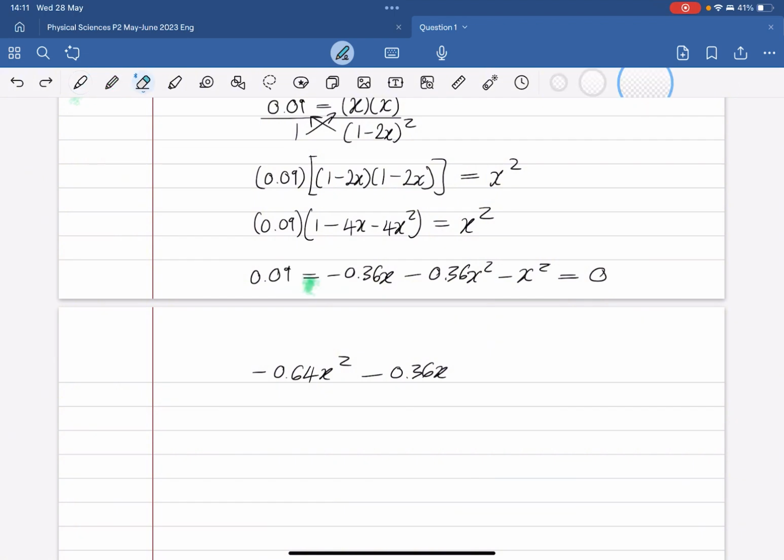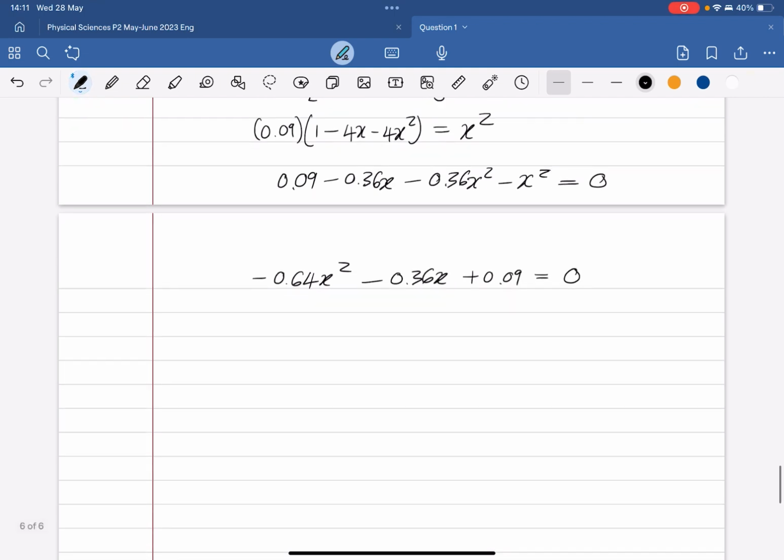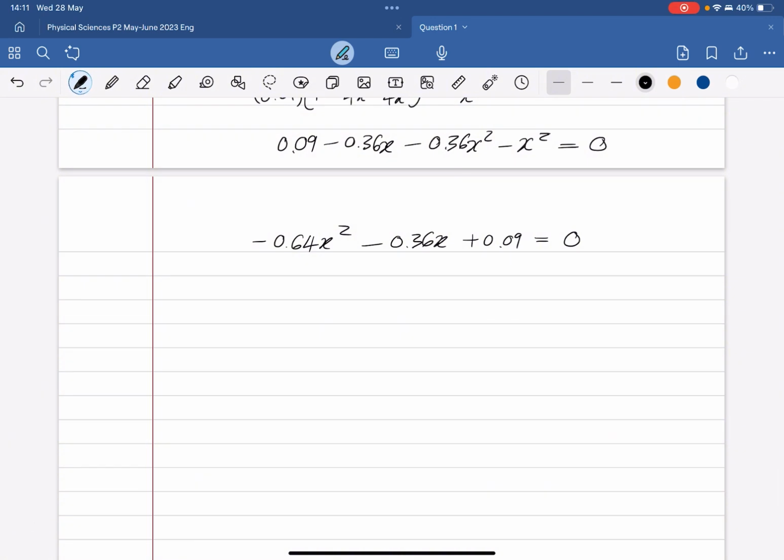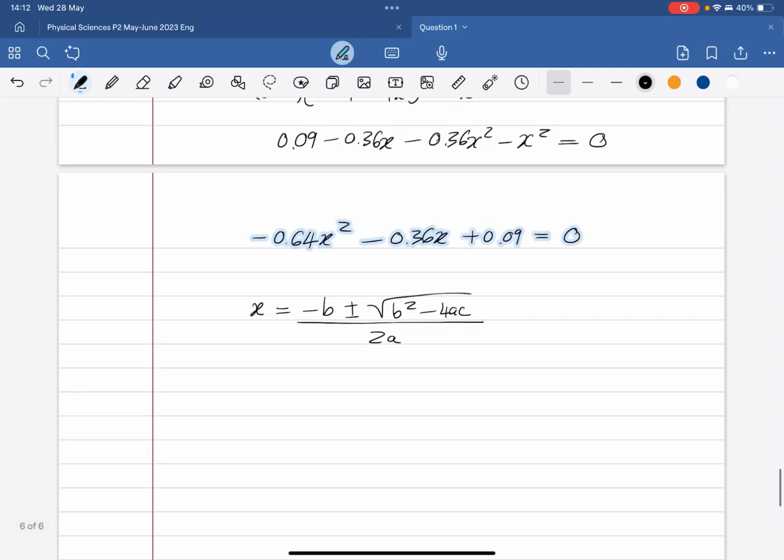Just remove this equal sign. It's just supposed to be 0.09 here. Then plus 0.09, all of this is then equal to 0. At this stage, you are allowed to use the quadratic formula to try and solve this, divided by 2a.